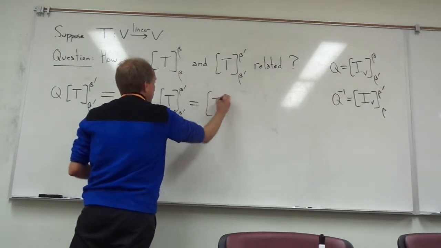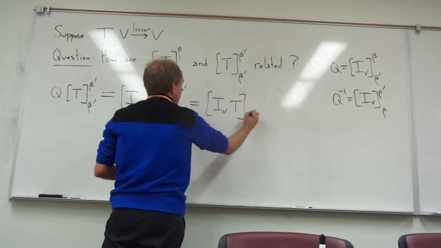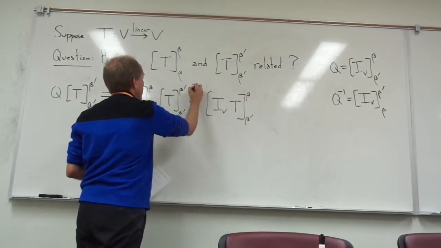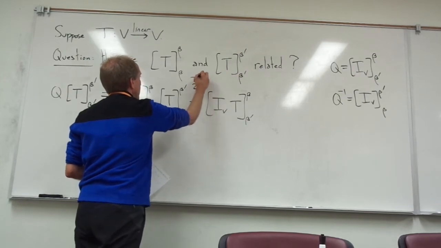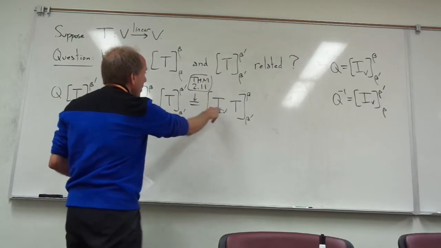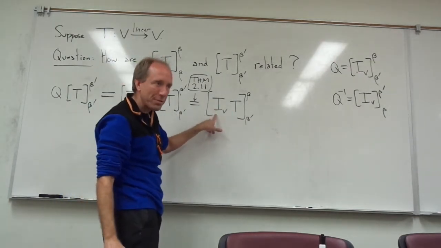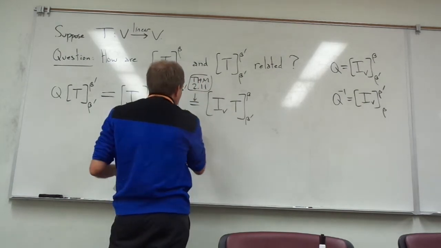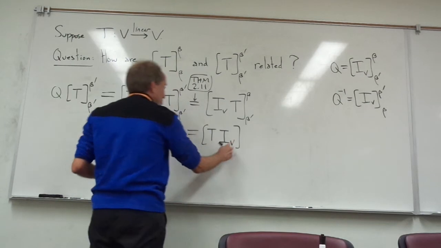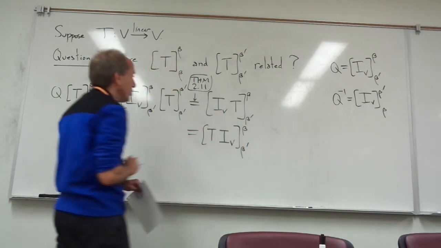Okay, well, we can put the I sub V times T together, right? This is using Theorem 2.11. Theorem 2.11 allows you to do that. And now this is just T composed with the identity transformation. Well, that's just T. Or if we want, we can actually just start with the identity transformation and then compose with T. So you'll just get this result here.